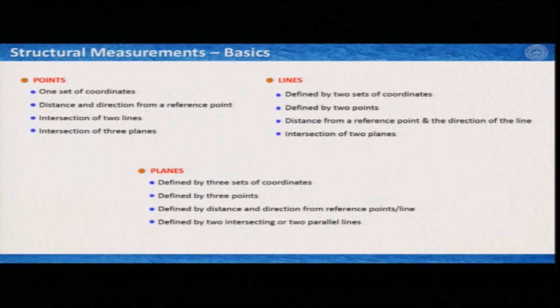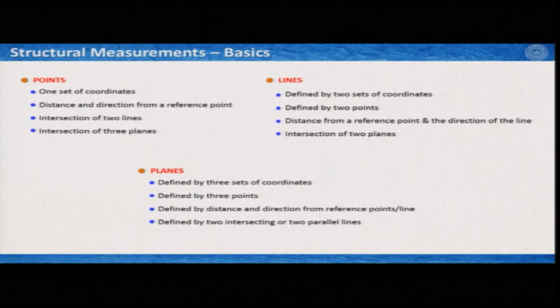So, the basics are that, as I said, there could be points, there could be lines, and there could be planes, and there are many ways you can construct a point, line and plane. But in a nutshell, if I have three planes that intersect, you can generate a point. If I have two planes that intersect, you generate a line, and then two intersecting or two parallel lines can produce a plane.